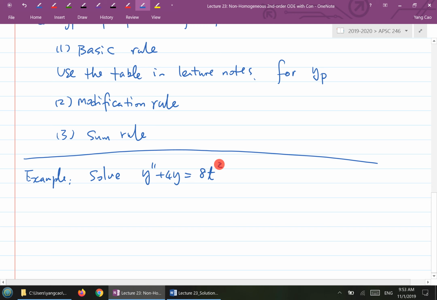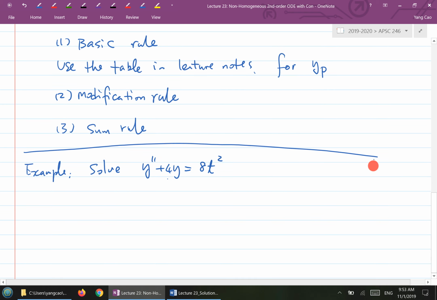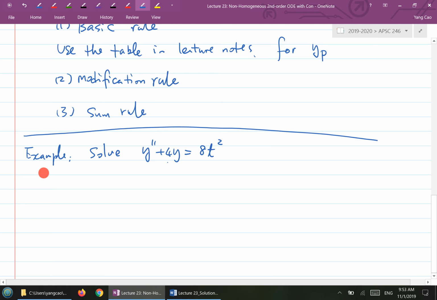So let's say we want to solve this second order ODE with constant coefficients, and the input is not zero, 8t squared. First step, obtain the general solution for y double prime plus 4y equal to 0.